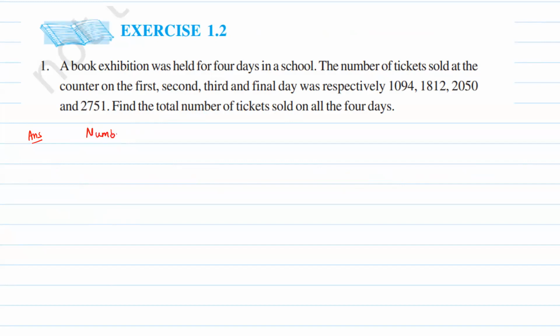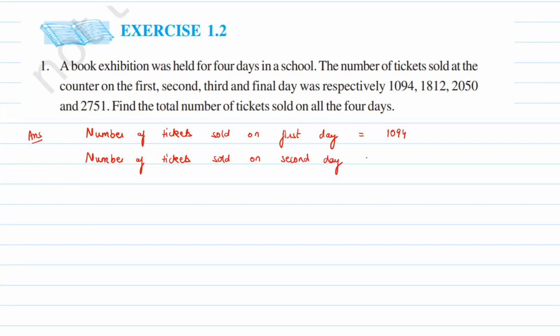Number of tickets sold on first day. You have to write all in very proper statements. First day it is 1094. Then number of tickets sold on second day, which is 1812.